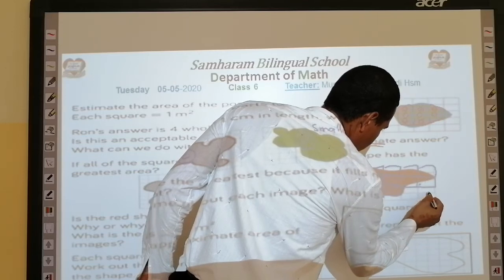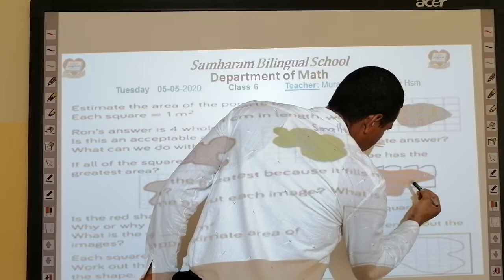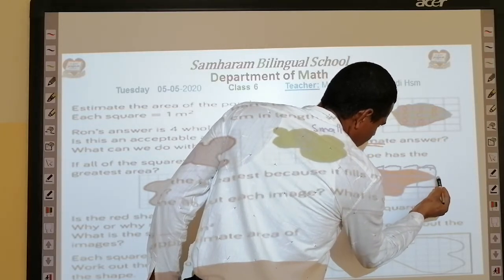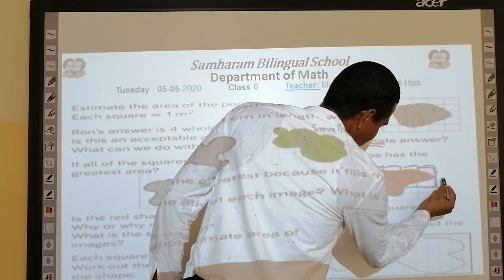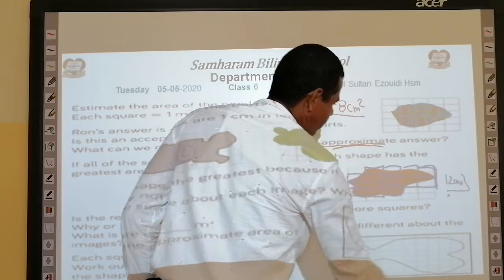Okay, let's set this, y square. So this one is approximately half, I will consider it also, so this is 12 centimeters squared.